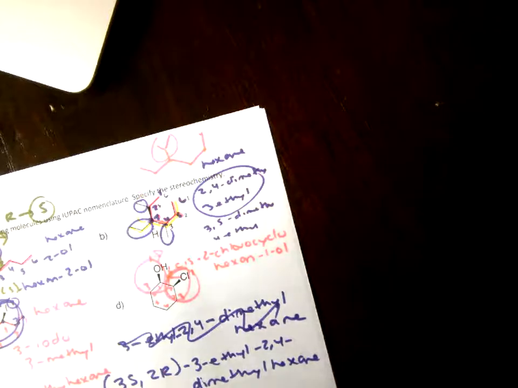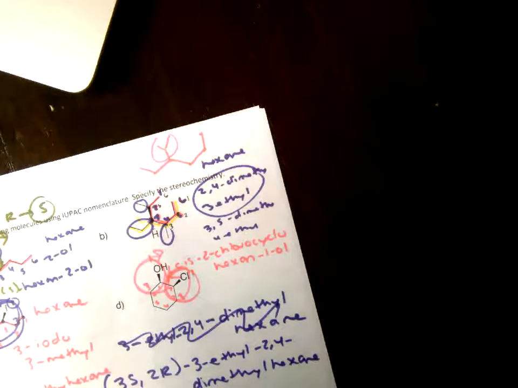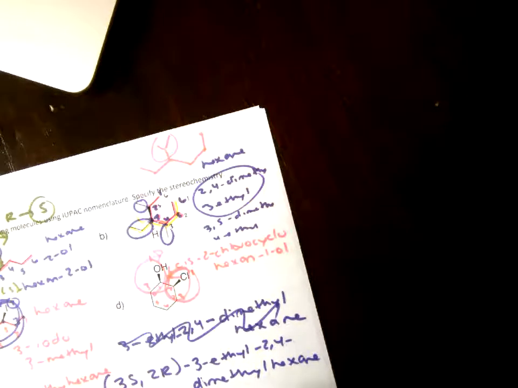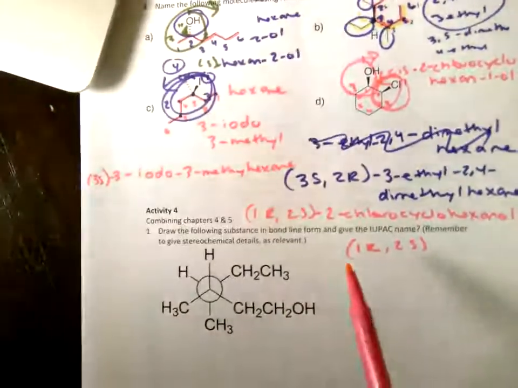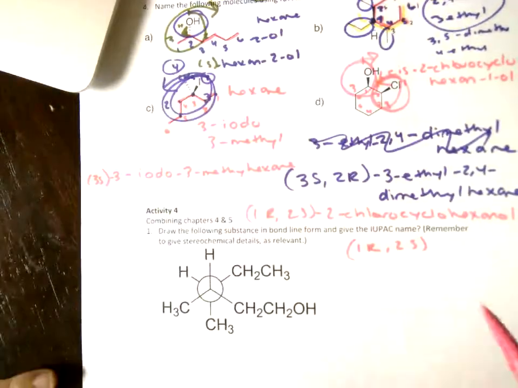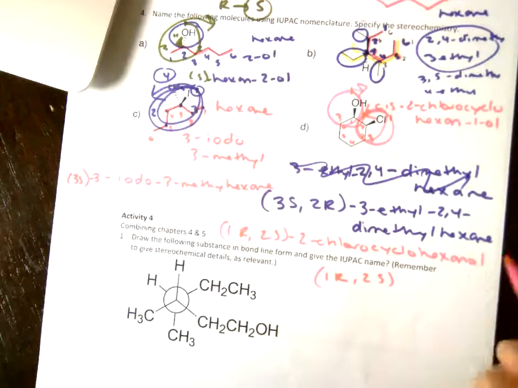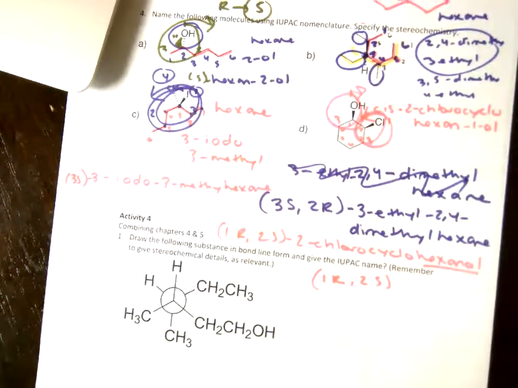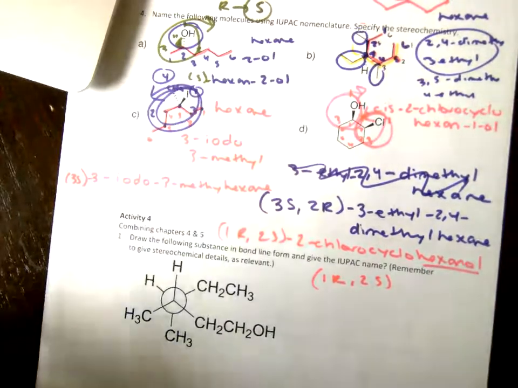So yeah, I would name this (1R,2S)-2-chlorocyclohexanol. And if you're ever not sure about cyclohexanol, you don't have to put a 1. I think the only case is if it's an alcohol that's substituted on it, because you assume it's the 1. That's annoying to me.